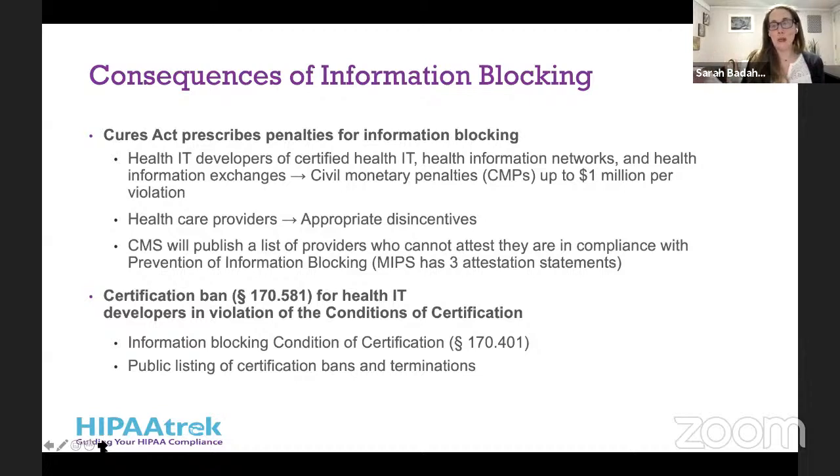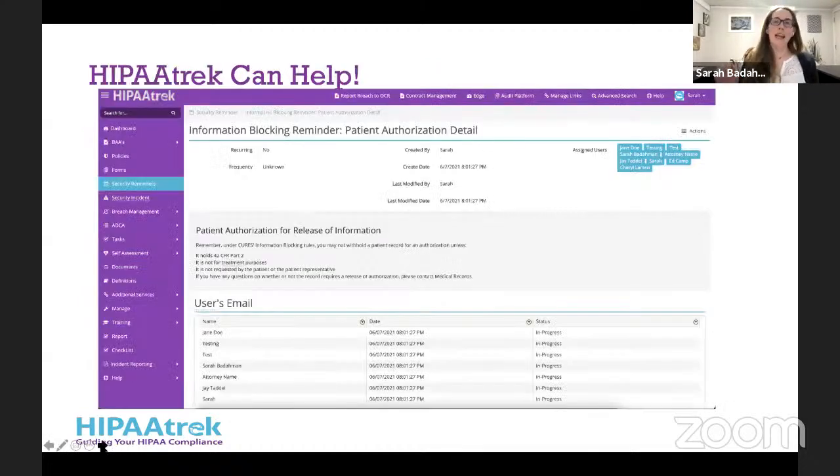So this is the information blocking wall of shame. This is not a wall that you want to be on. So make sure that you are able to attest and don't lie, like really be in compliance with these rules for this. All right, awesome.